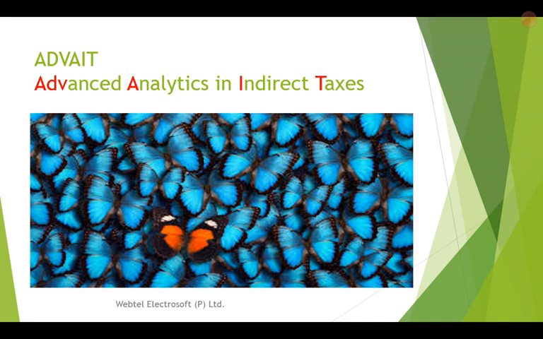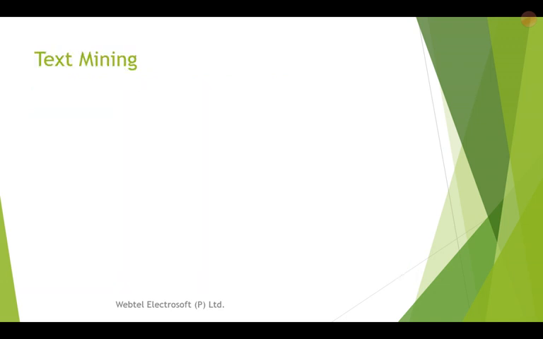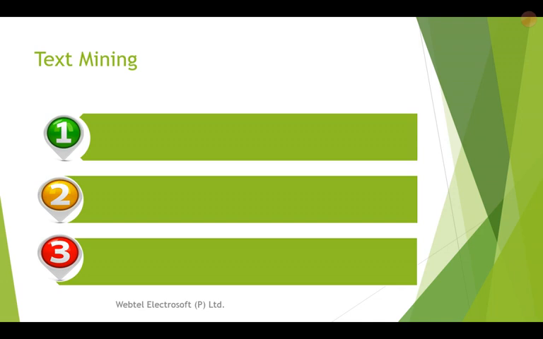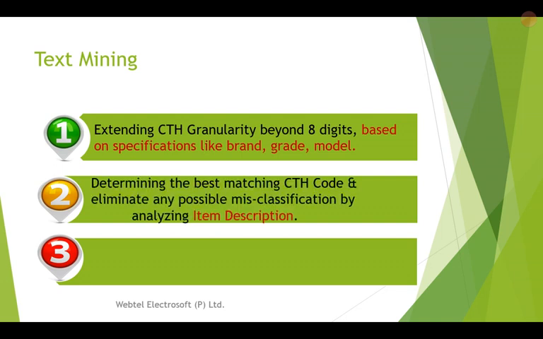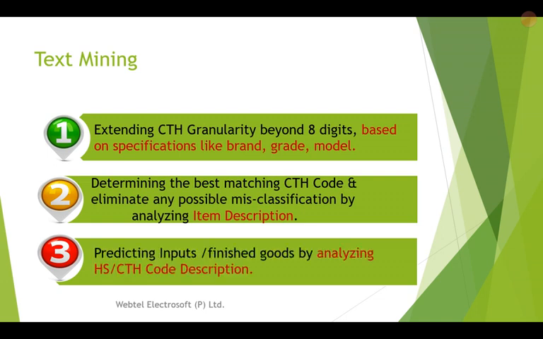With the help of this software, they can mine the data that they get from all the returns, etc. They can see if there's a change in tariff heading based on specifications like brand, grade, model, etc. They can know if a lower rate has been charged. Similarly, by analyzing the item description, they can know if there's a mismatch or a lower rate of tax has been charged.